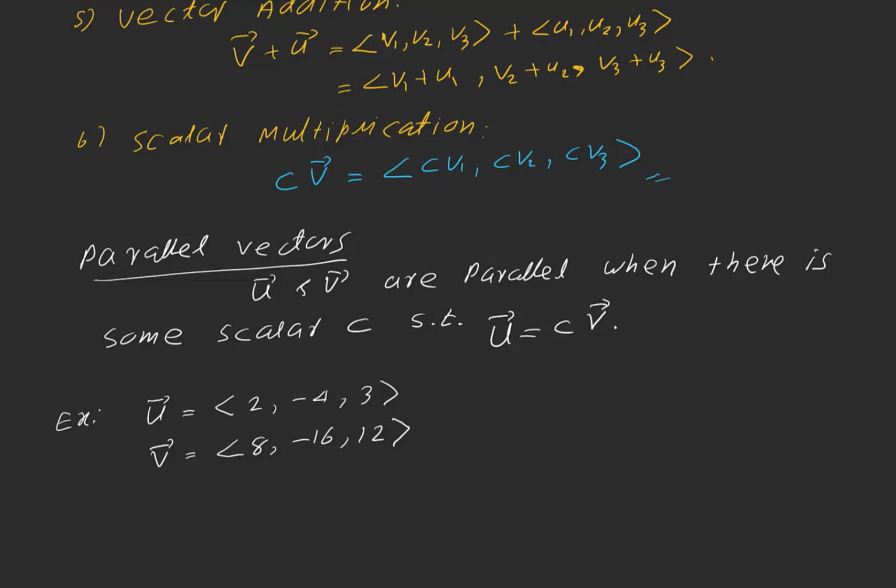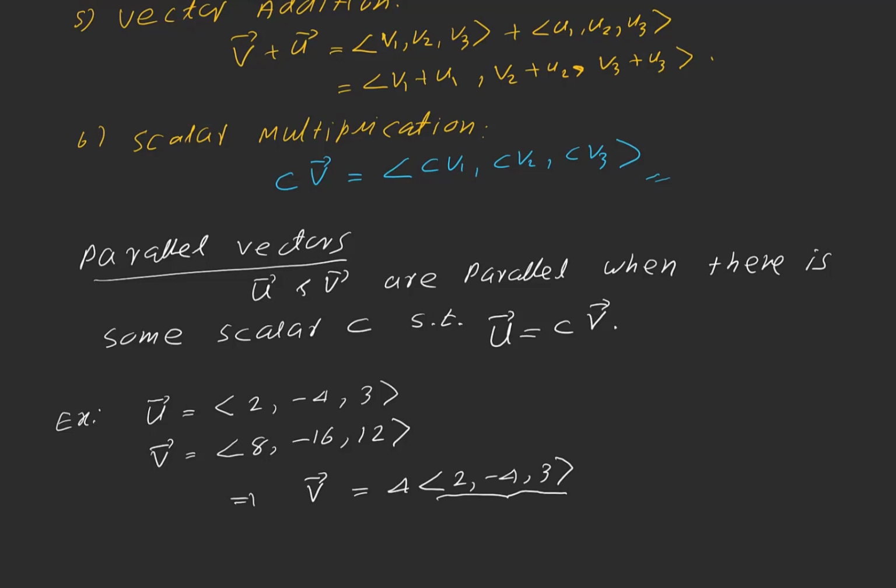You see we can write v this way: here you have the common factor 4, so I take 4 out, then (2, -4, 3). So what is this?